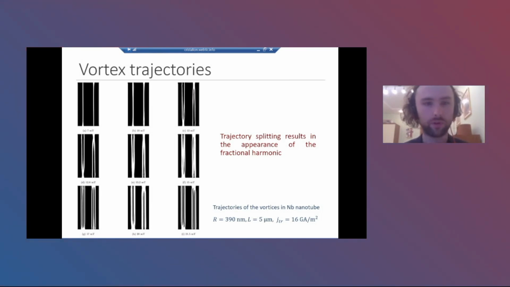For example, it happens when the first vortex chooses the first path, the second vortex chooses the second path, the third vortex chooses the third path, and then again the fourth vortex chooses the first path, and so on.